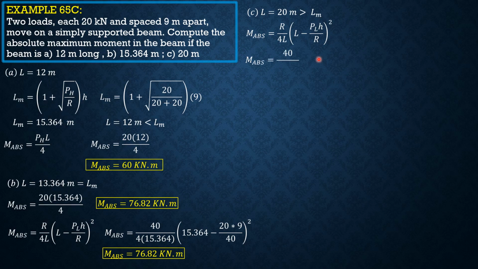So 40 over 4 times 20, quantity 20 minus 20 times 9 over 40 quantity square. And it gives us a value of 120.125 kilonewton meter. So these are the absolute maximum moment for these different cases.